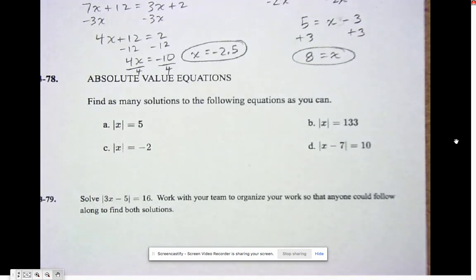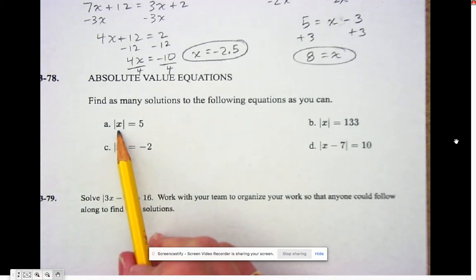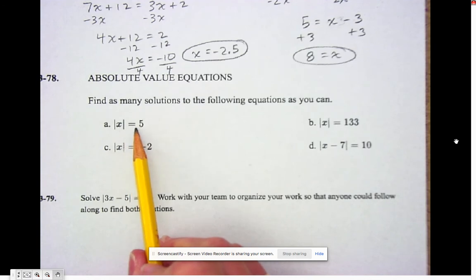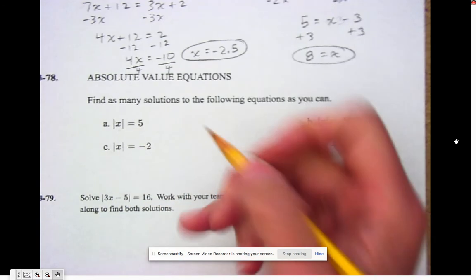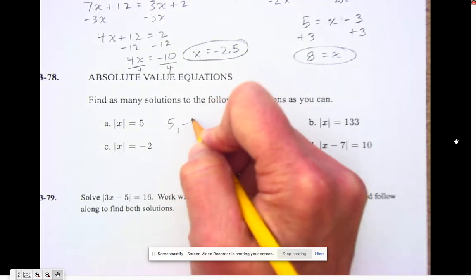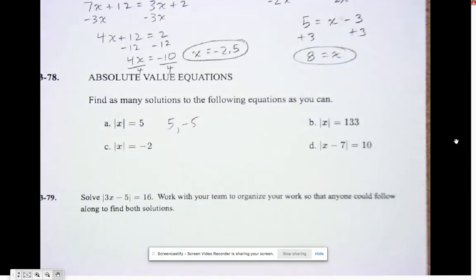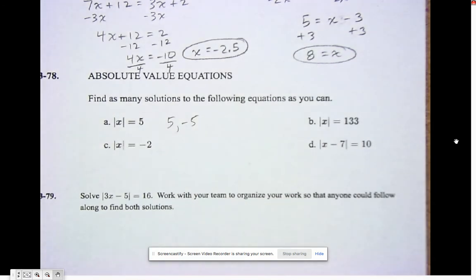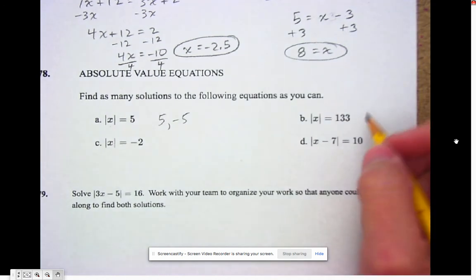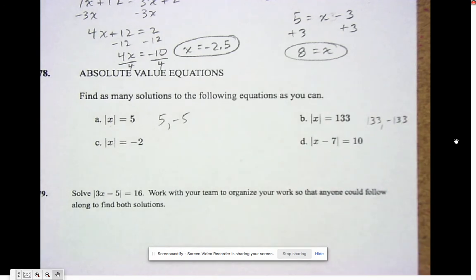So it says find as many solutions to the following equations as you can. All right, so what number has an absolute value of 5? Did you think that 5 and negative 5, that there are actually two solutions there? How about for this one? Did you think 133 and negative 133?